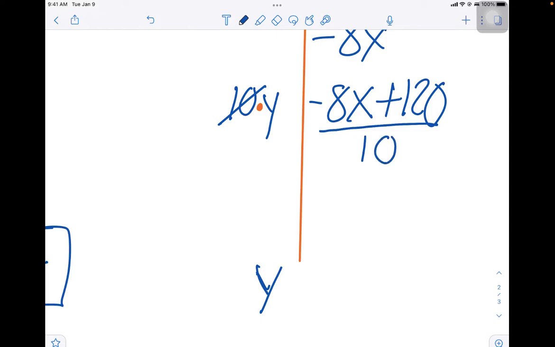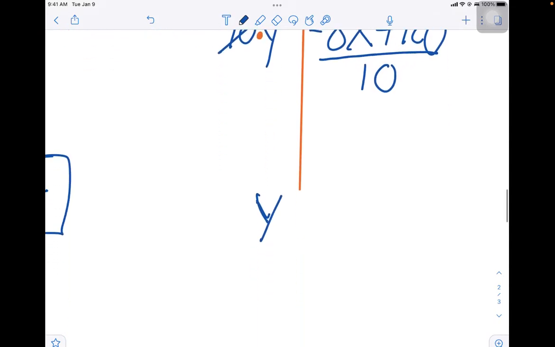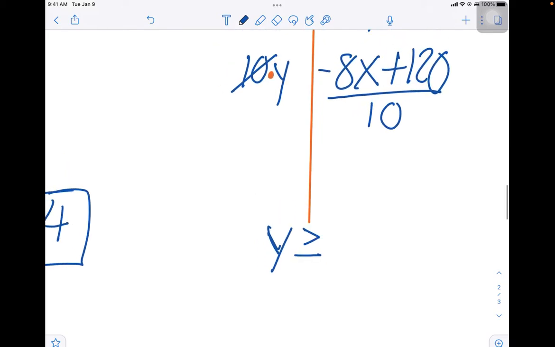I am left with Y is greater than or equal to. Now, 8 divided by 10, I could just leave it as negative 8 over 10. And let's not forget our X. It's going to go right there.